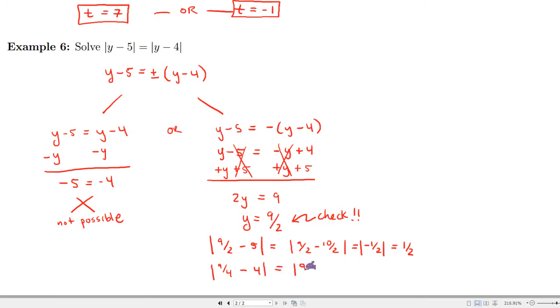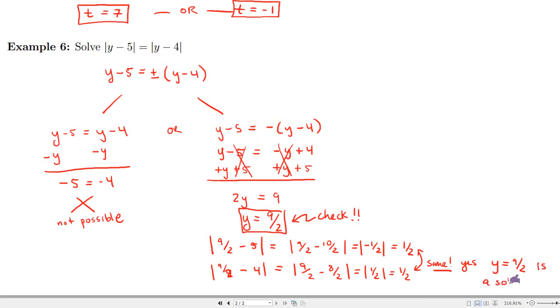So there we would have 9 over 2 minus 8 over 2, right, to find a common denominator. So then we have 1/2. And the absolute value of a half is a half. So these actually are the same. So what that means is this is actually a solution. Okay, so yes, y equals 9 over 2 is a solution. All right, and it's a good habit to do these quick checks, especially in these types of situations. Something could go wrong. That's why you got to check.